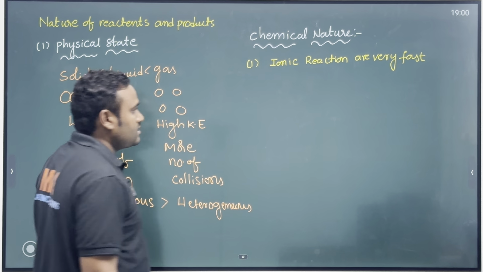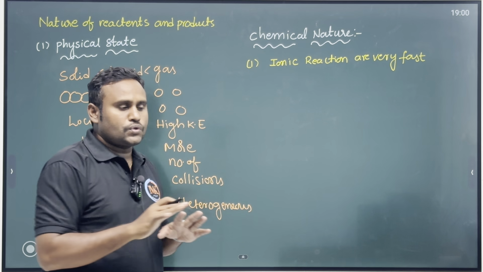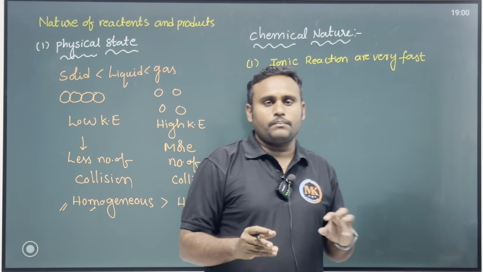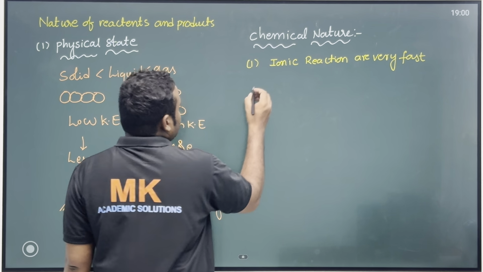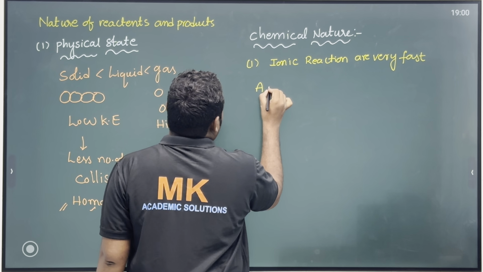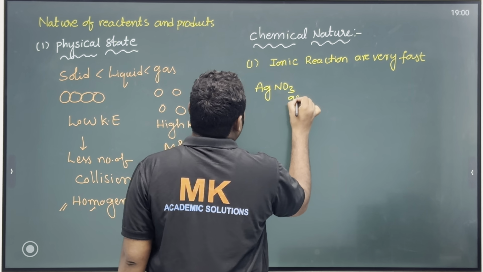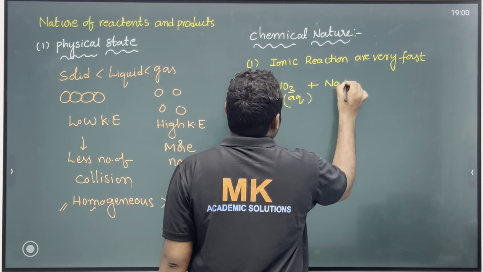Why are ionic reactions very fast? Because in ionic reactions there is no need of breaking and making of bonds. They simply exchange their radicals. For example, take AgNO3 aqueous, silver nitrate, and NaCl aqueous, sodium chloride.